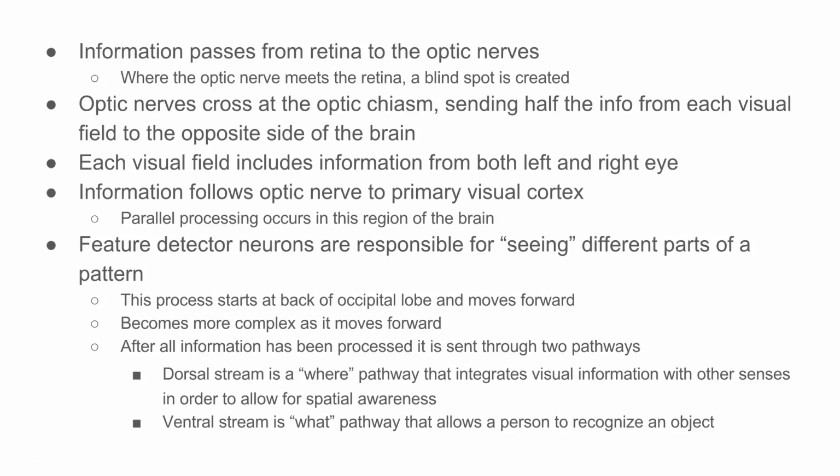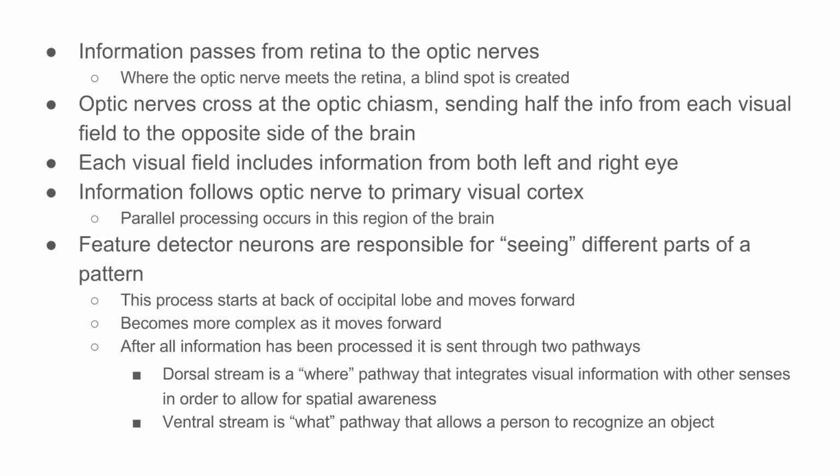This process starts at the very back of the occipital lobe, and as it goes forward it becomes more complex, as the rest of the brain does. Starts at the back, the most basic, and as it moves forward, it becomes more complex. But as it's doing so, various detector neurons are responsible for various things: the ability to recognize faces, the ability to recognize shapes as being a flower or a house or a car, things like that.